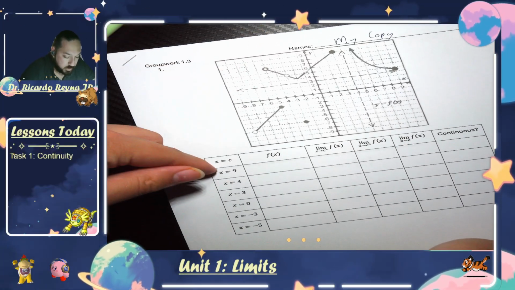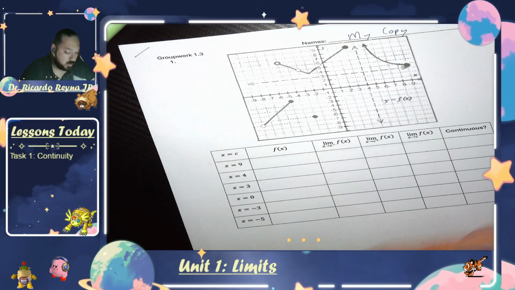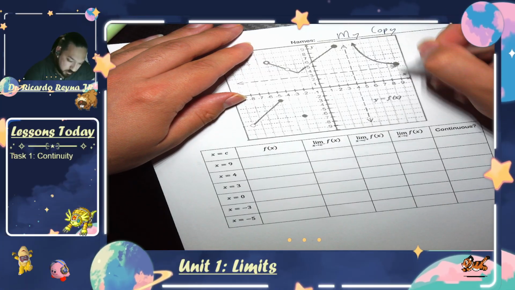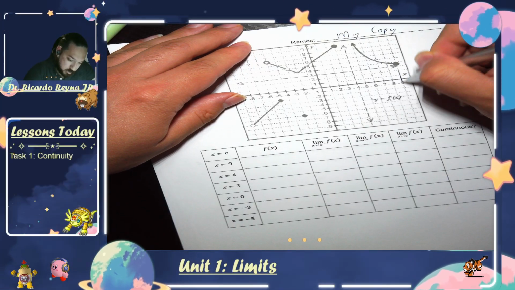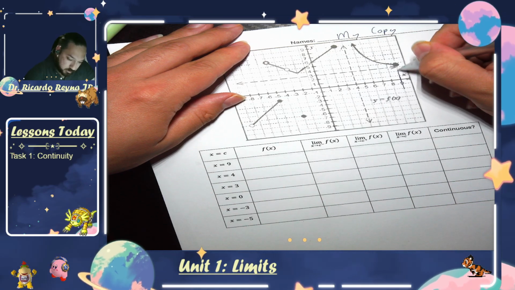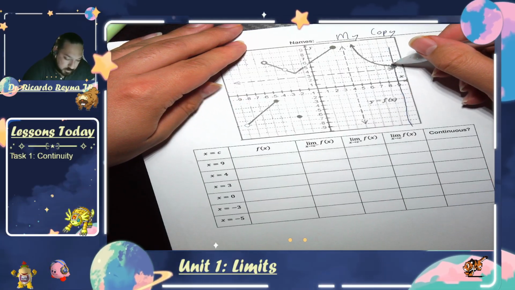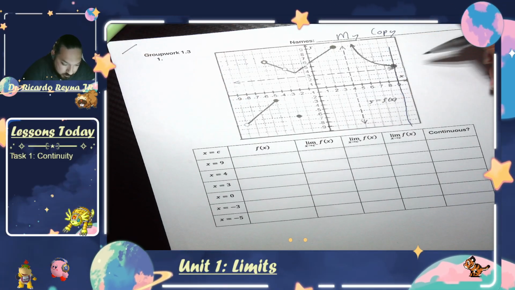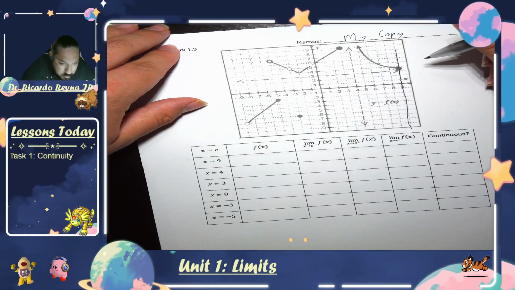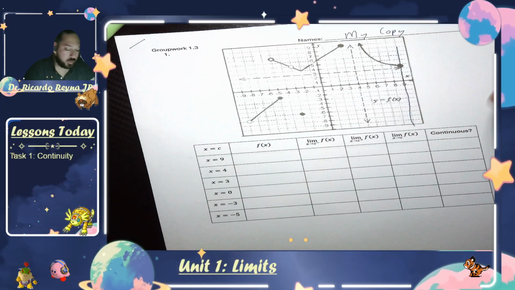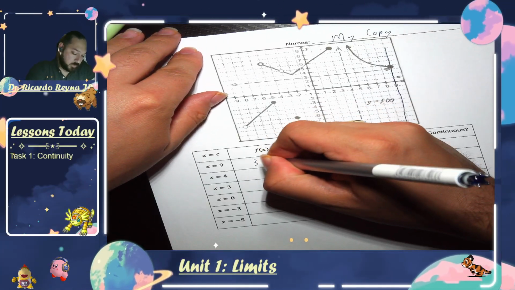All right, let's start. x is equal to 9. For x equal to 9, it's going to be right here. And we see that that value is probably in the middle. Let's just go ahead and assume 3.5.